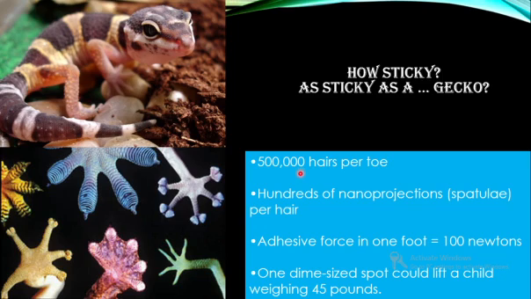And in a hair like that, there are hundreds of nano projections called spatulae. These spatulae will make it get attached to any small roughness on the surface.